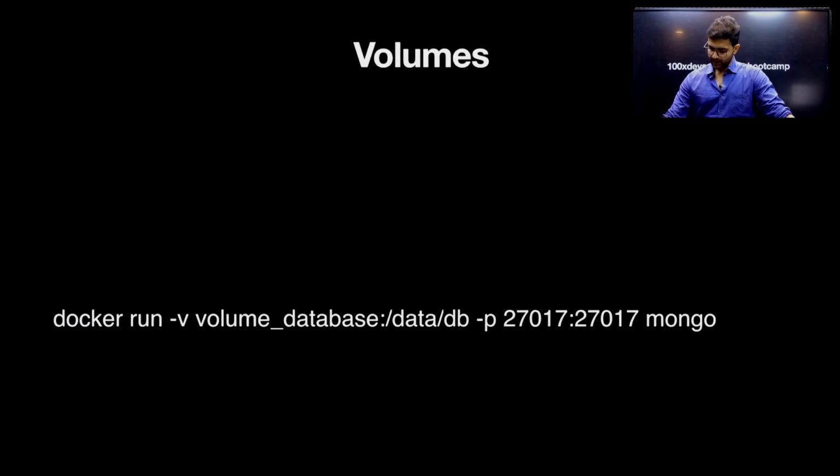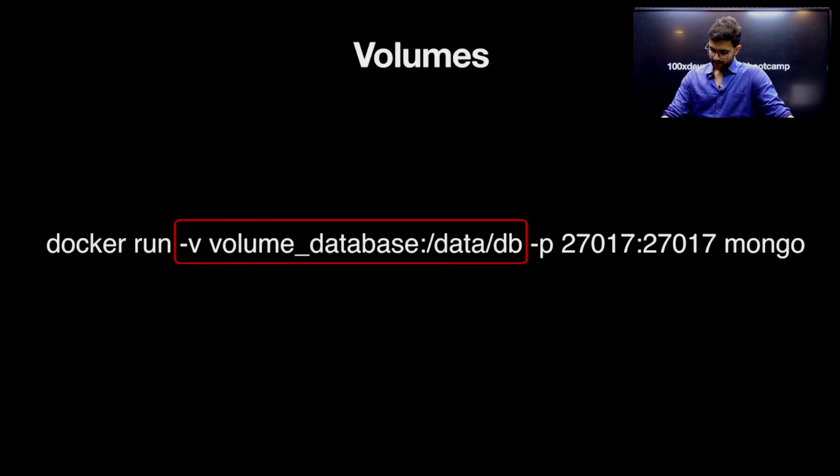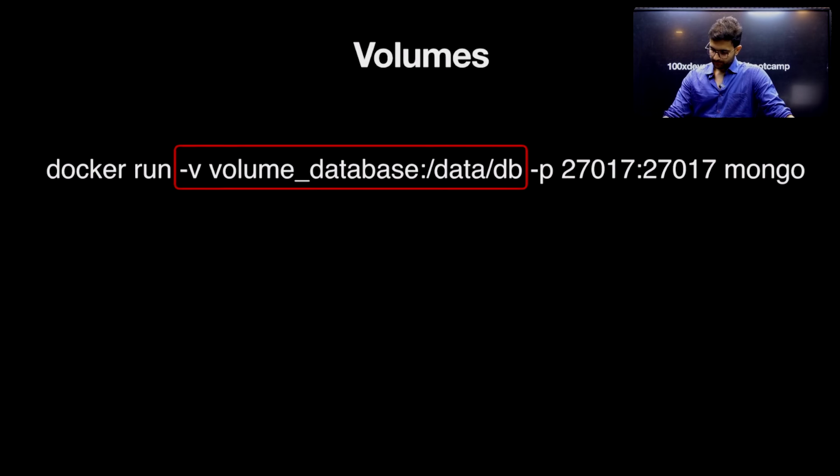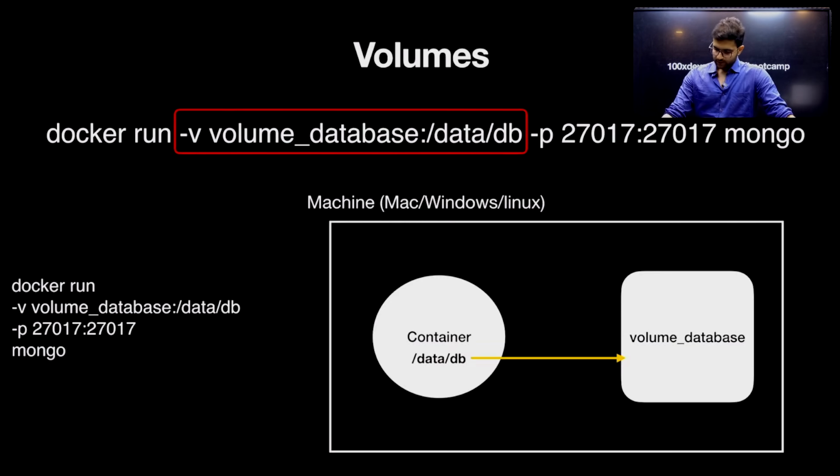So let's take a more practical example. If I bring a container up locally, this is my Mac machine, and I run, let's say, docker run mongo, what will it do? It will start a container here. But I want to make sure I can persist data across refreshes.